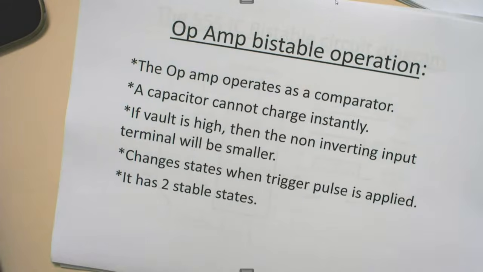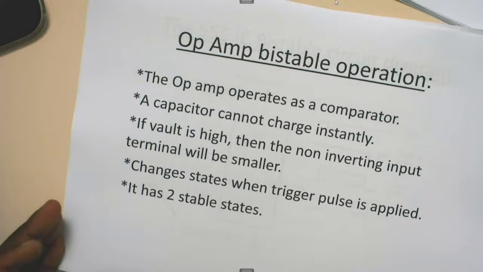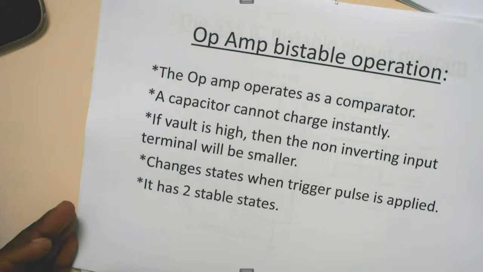Then the operation of the op-amp bistable here is as follows. The op-amp operates as a comparator. A capacitor cannot charge instantly. If the voltage is high, then the non-inverting input terminal will be smaller. It changes states when a trigger pulse is applied.